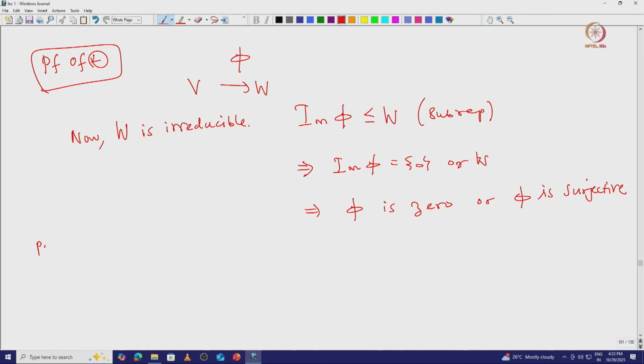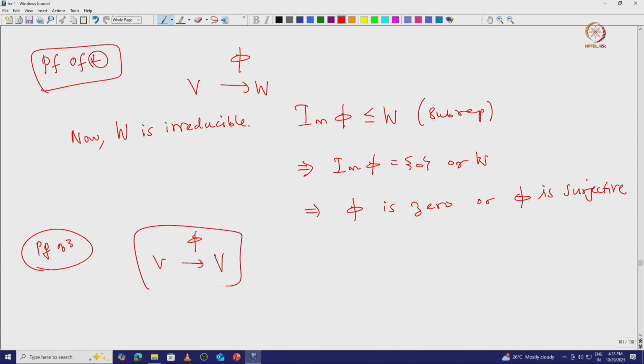So, here is the proof of 3. pi is already an isomorphism from V to W, since pi is a non-zero map. So, we assume that W is the same as V. In particular, we will have an eigenvalue for pi.